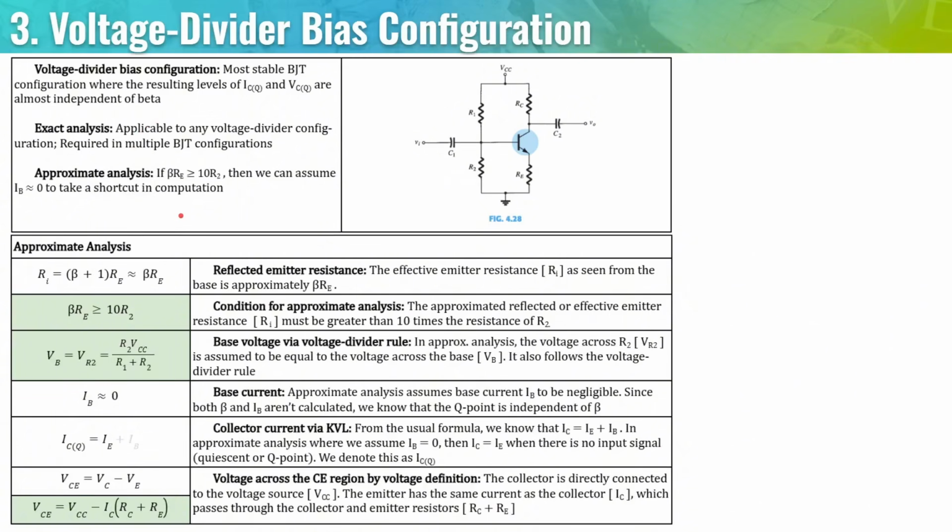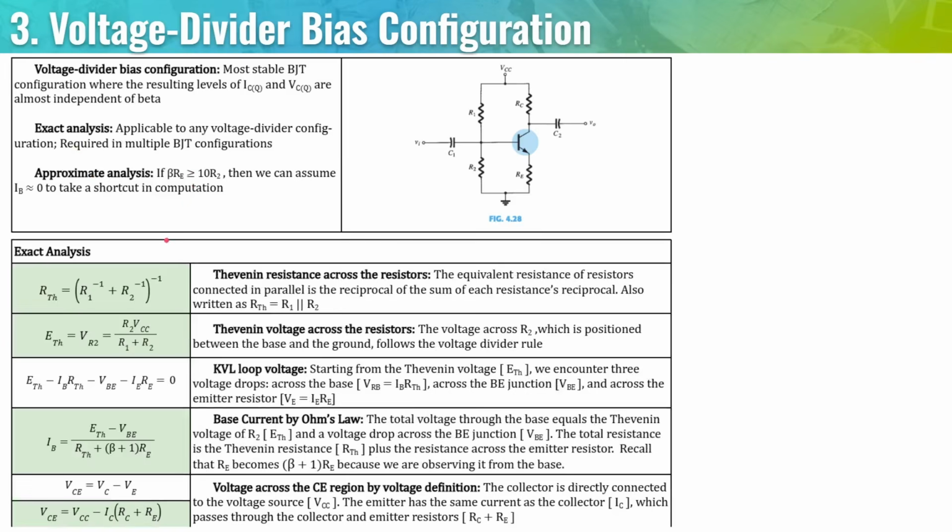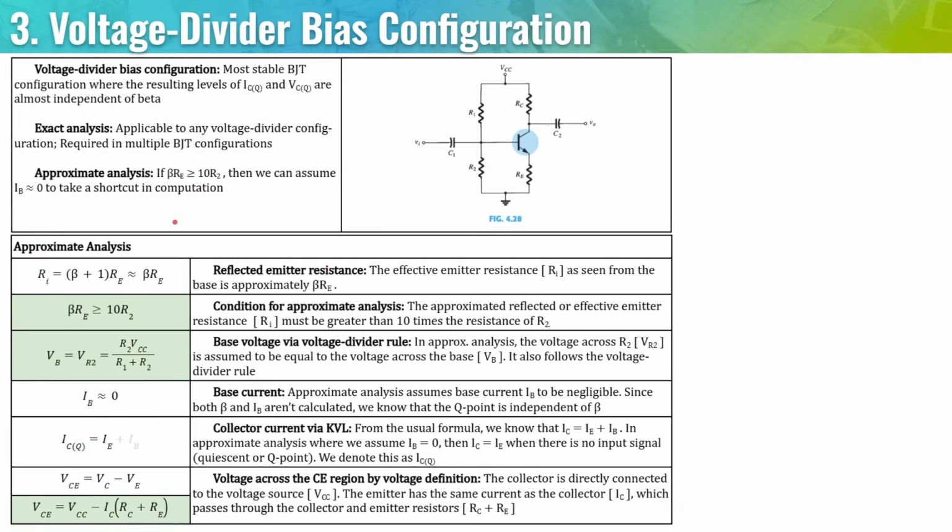Now, when are we supposed to use approximate analysis? So earlier, we had the exact analysis. So we are allowed to use the approximation if this condition is met. So if beta times RE is greater than or equal to 10 times this resistor, then that means the effect is so small that we can just approximate instead of being exact.